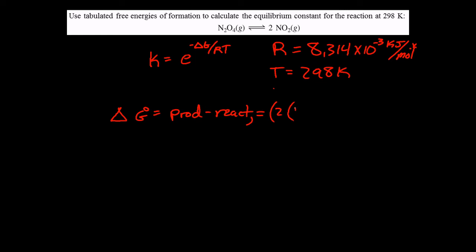51.3. Sorry for my messy writing there. 51.3 kilojoules per mole. So those are our only products. Minus reactants. We only have one reactant, and that's N2O4. So N2O4, it is positive 97.5.